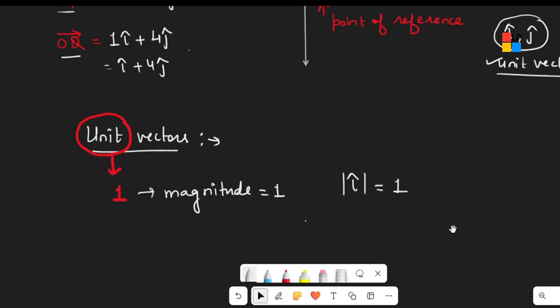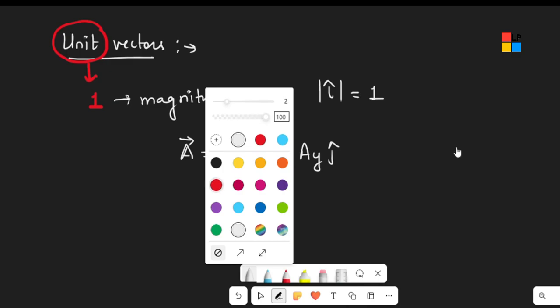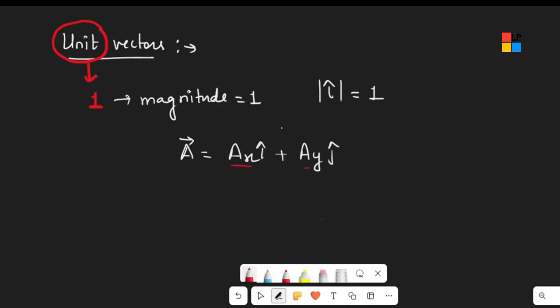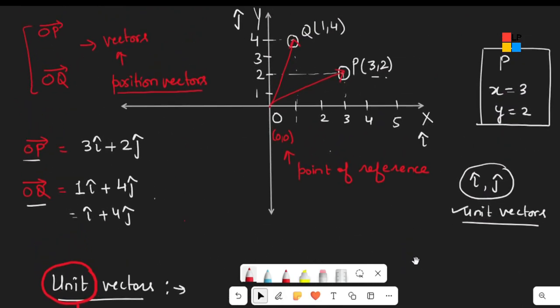So now what is modulus? Actually we need a vector to define it. For example, if I write a vector a as ax i cap plus ay j cap, this ax and ay are the magnitudes, or you can say the values along the x-axis and y-axis. These are the abscissa and the ordinate.